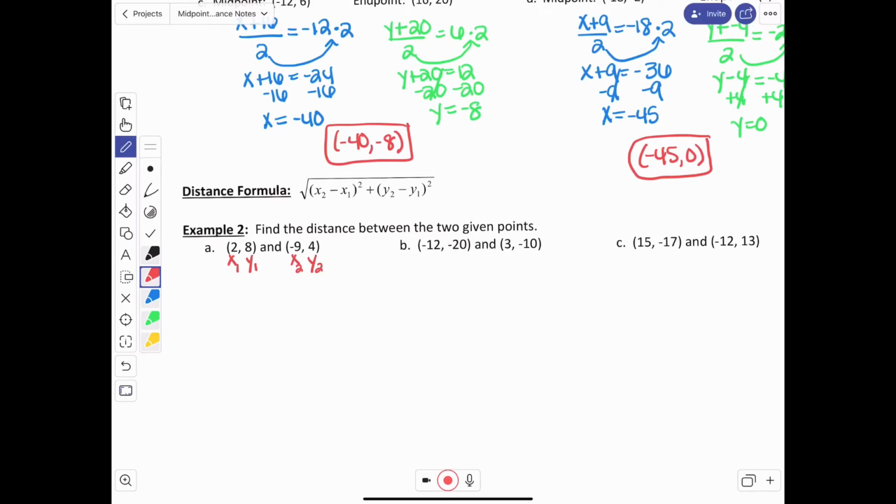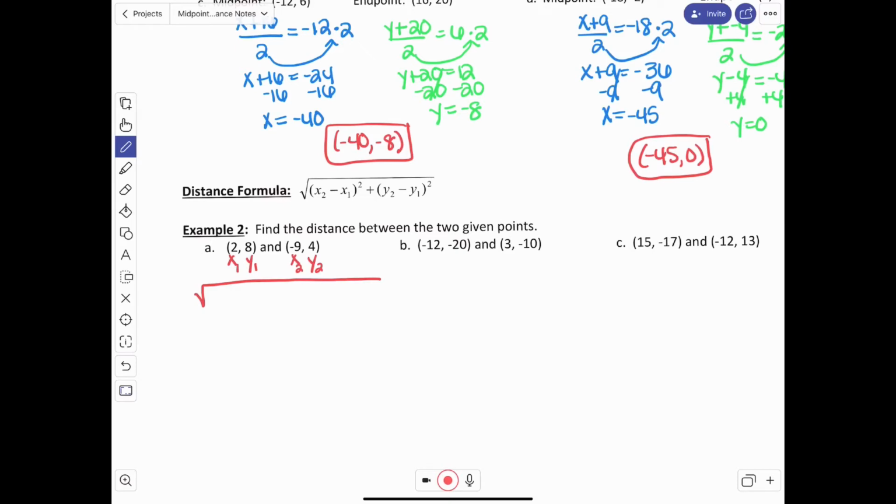So when I start to plug in here, when I subtract my X's, it doesn't matter what I do first, okay? Even if I did 2 minus -9, that's okay. I don't have to do -9 minus 2, but if I did 2 minus -9, for my Y's, you would have to do 8 minus 4, okay?